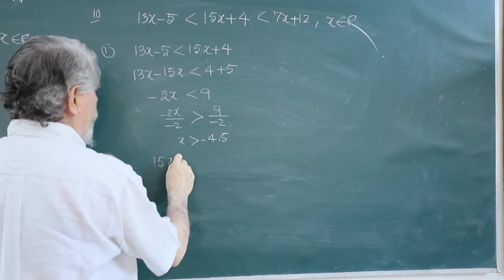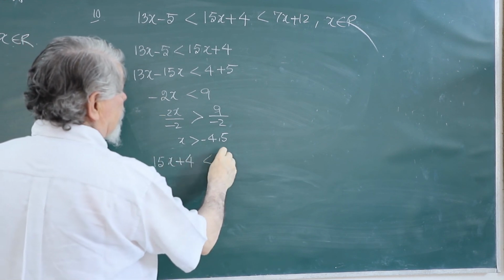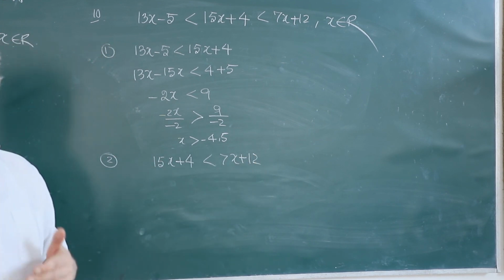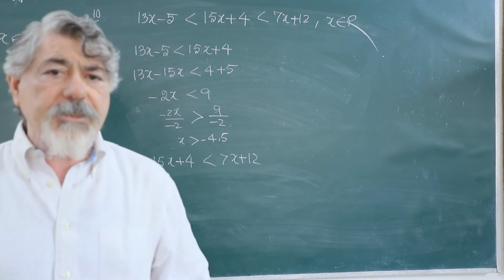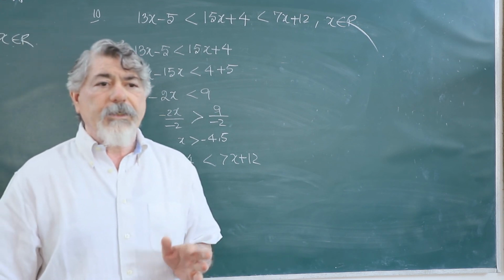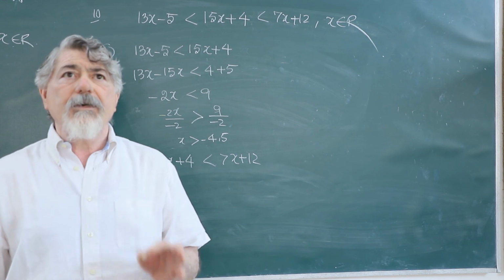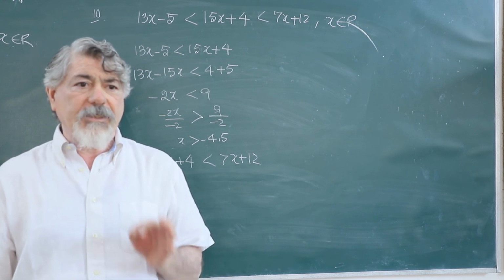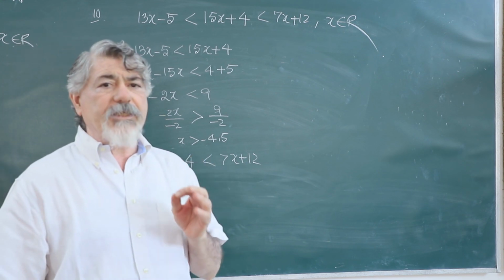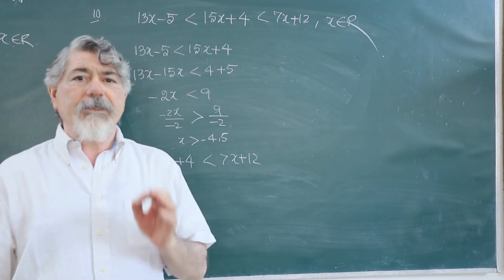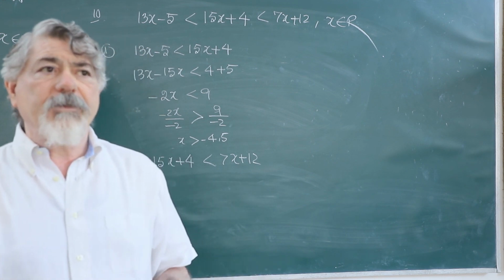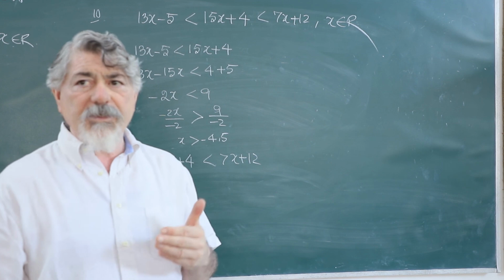Now let us take the second part. 15x plus 4 is less than 7x plus 12. Again we are going to transfer the x term to one side, constant term to the other side. It is exactly the same as we do in case of a simple linear equation. The only difference between linear equations and inequations is that in inequations, when we multiply or divide with a negative number, the sign of inequality reverses itself.